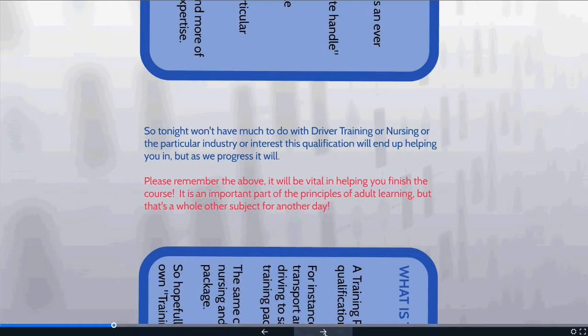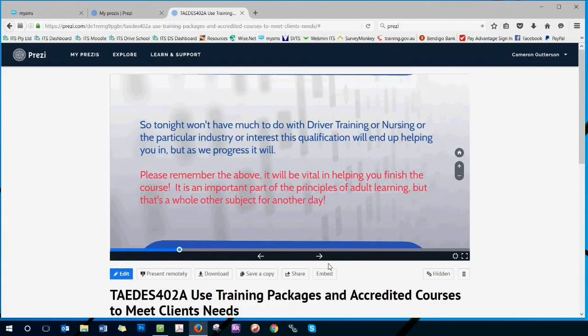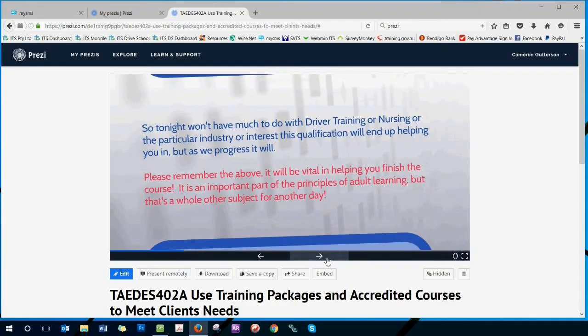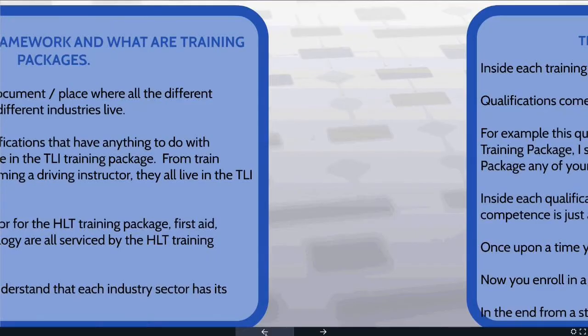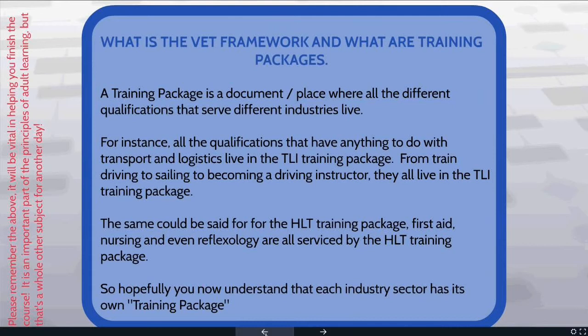Just remember, as we progress through this course, more of the information that you learn will end up relating back to your area of expertise. As that slide transitions, I'm going to keep on talking. And as it says here, tonight won't have much to do with driver training or nursing or any other particular industry or interest this qualification will end up helping you in.